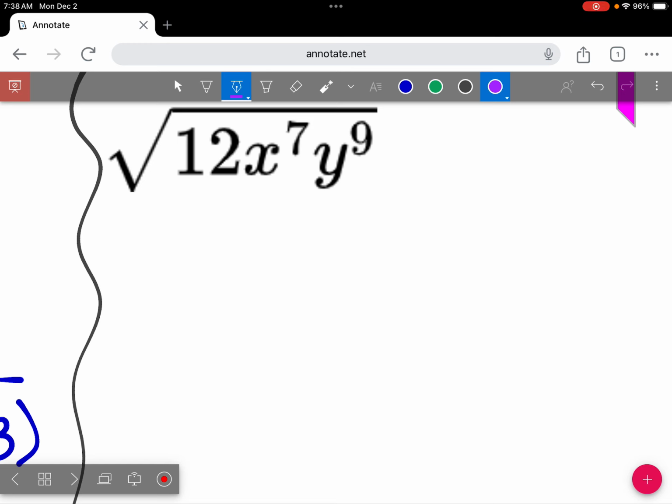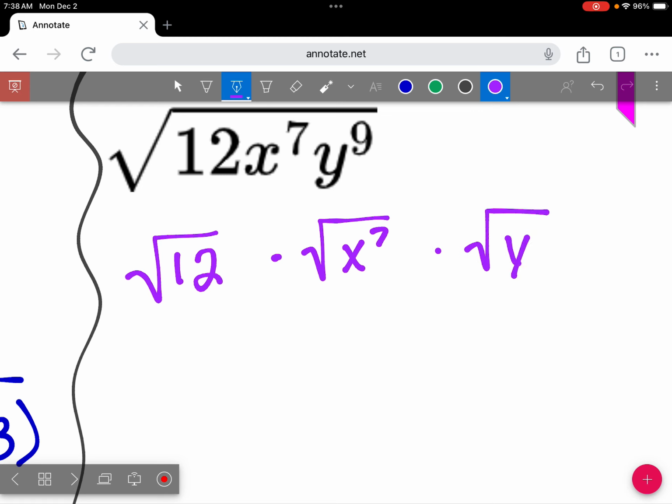So I'm going to make this be the square root of 12 times the square root of x to the 7th times the square root of y to the 9th. We can do that. We did that last chapter with the square roots. We did that in the first page with our 25x to the 4th.